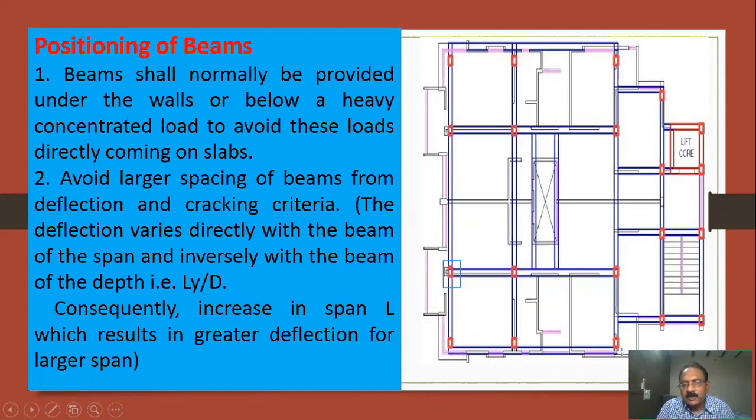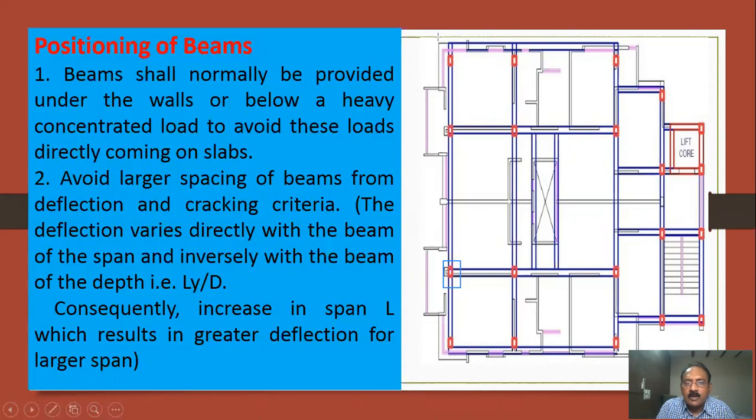Generally in apartments, we have projected cantilever beams for elevation purposes, for architectural view. These columns are only in the walls. This is a 230 mm wall, so you will not see the column projection, and this beam is also on the wall.